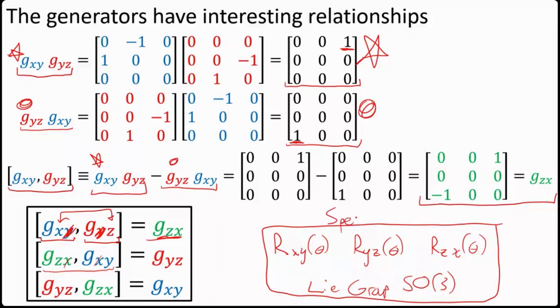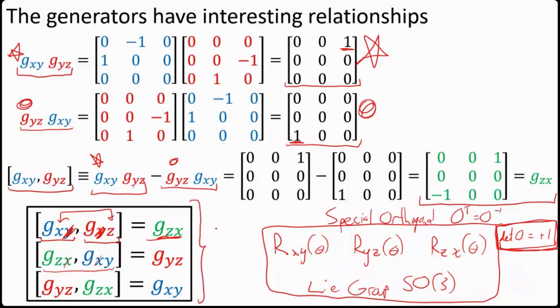SO stands for special orthogonal. Orthogonal means the transpose is the inverse, and special means the determinant is +1. If it's just orthogonal, you can get rotations and reflections, if you don't have this determinant constraint. But if you require the determinant to be 1, it's just rotations.